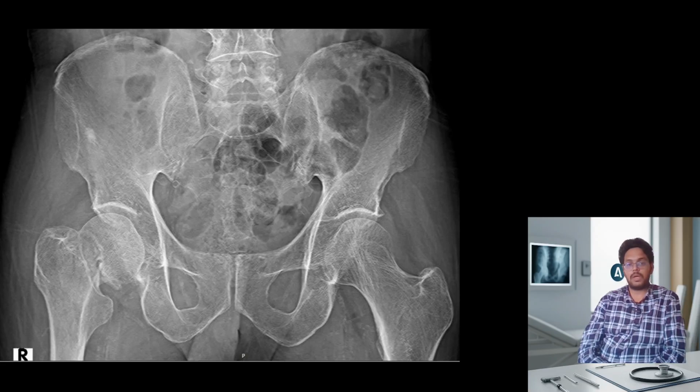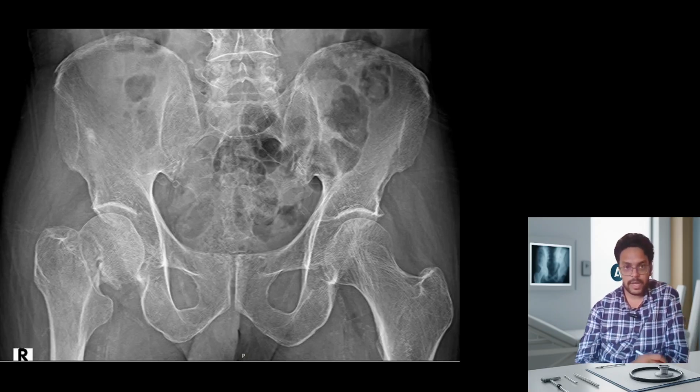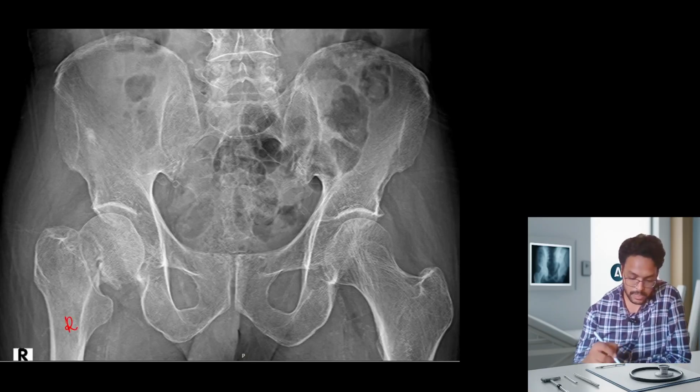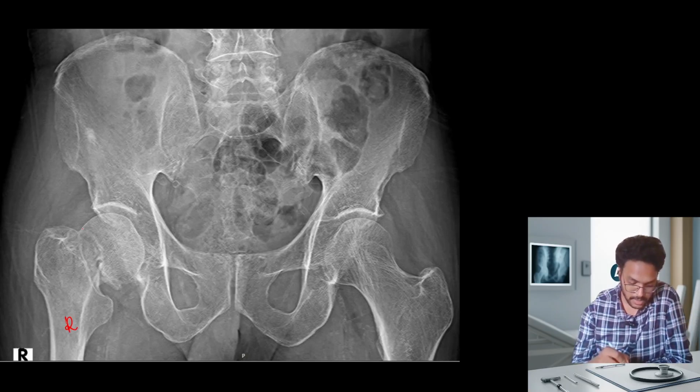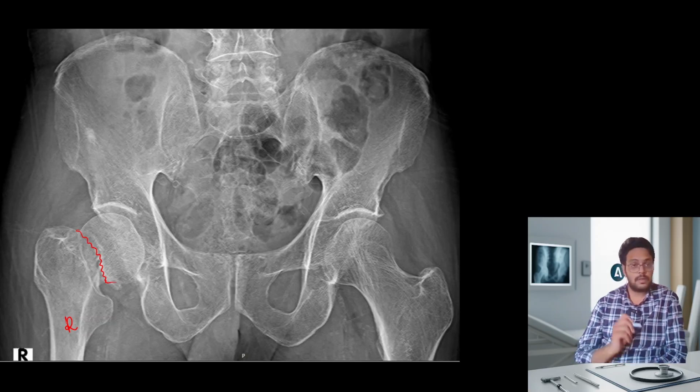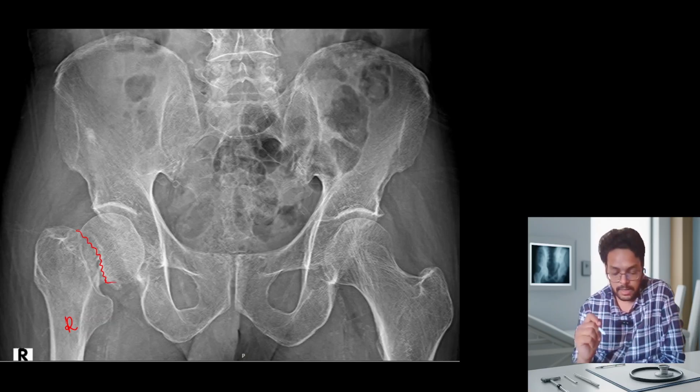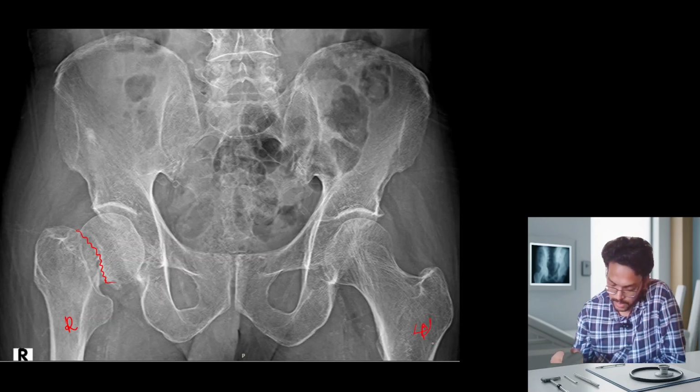Now you tell me what type it is: anatomical, Garden's and Pauwels. Where is the fracture? The right side of the neck is fractured here. For getting a good X-ray, see here in the left X-ray, you can see the full portion of the neck, from immediately below the head to the trochanteric region.